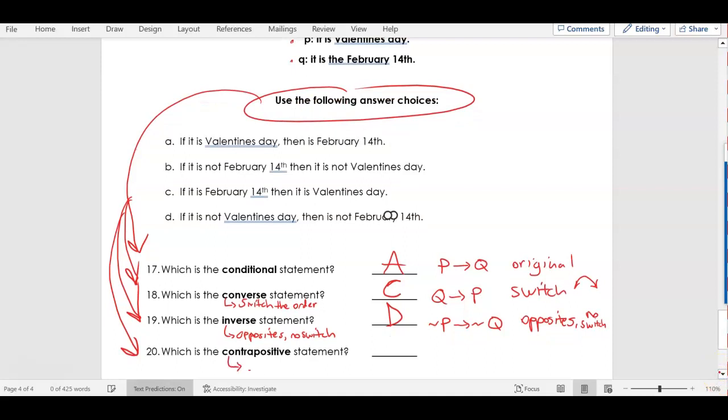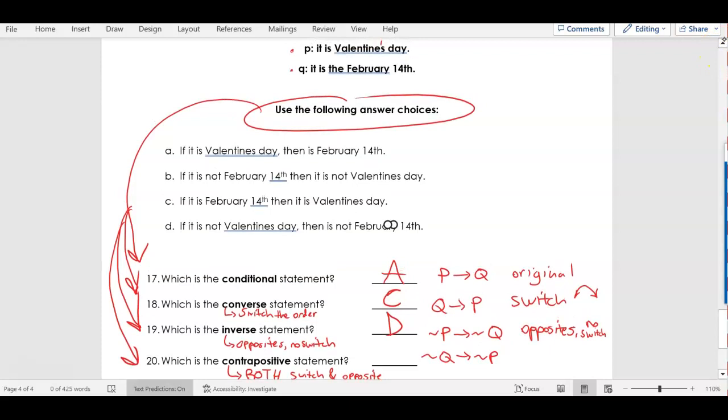Cool. Now remember, contrapositive is the weird one. Contrapositive is both switch and opposite. So the way we write that is not Q implies not P. Squiggle Q, arrow, squiggle P. So what was my original Q?